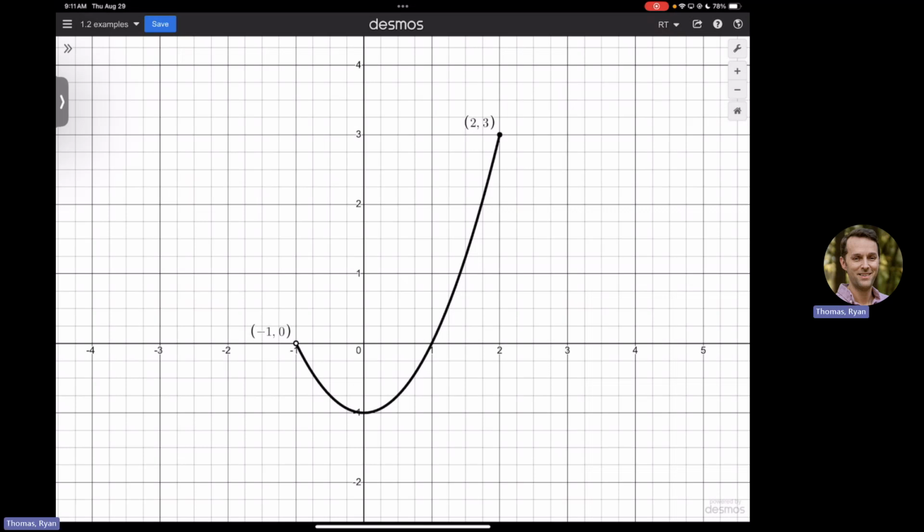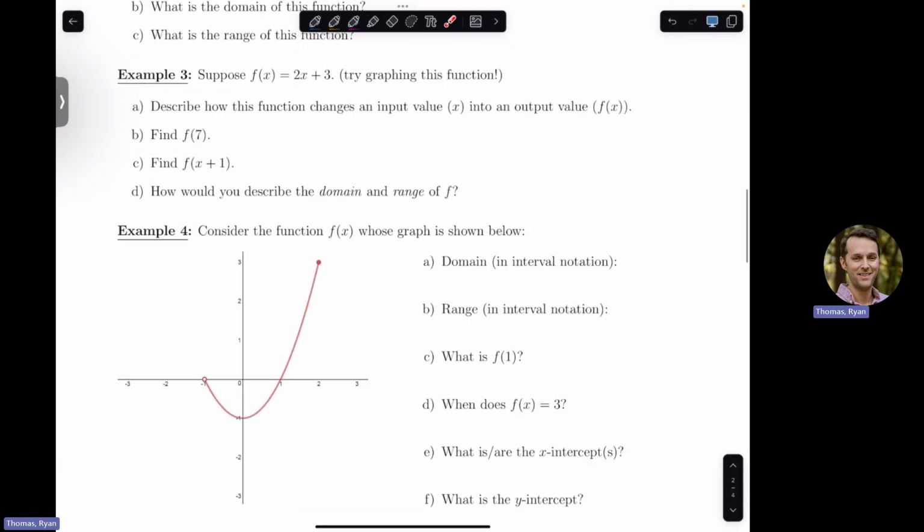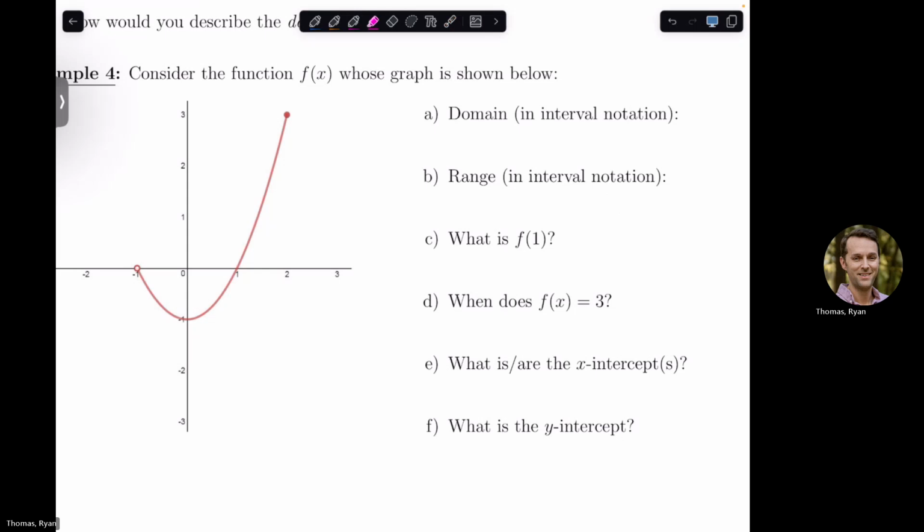Okay, f of 1, and when does f of x equal 3? I'm not going to move this around anymore, so I'm going to go back here. What is f of 1? Okay, I take the x value to be 1, so I go find x equals 1.